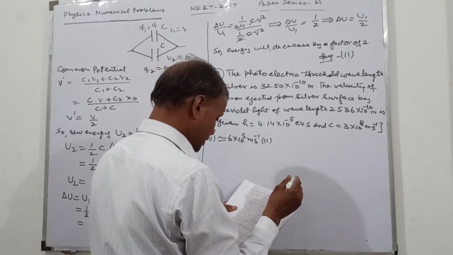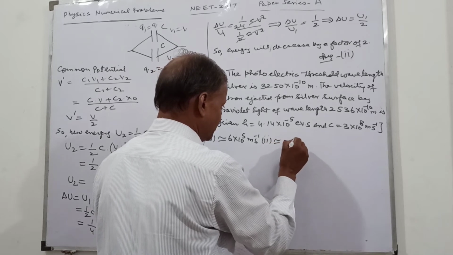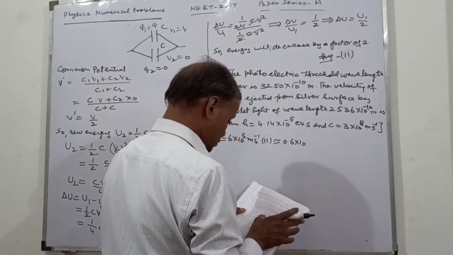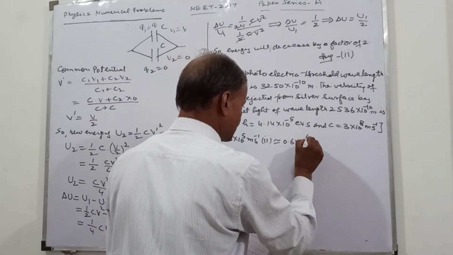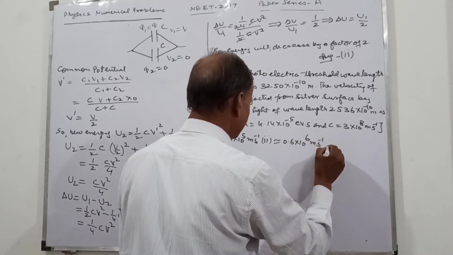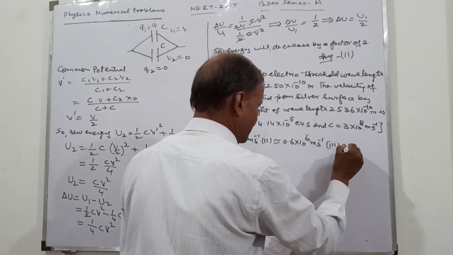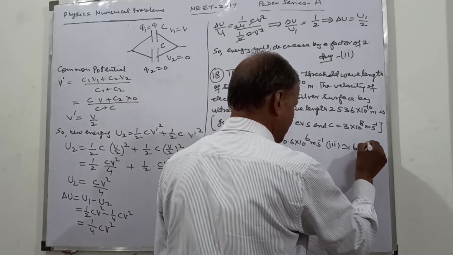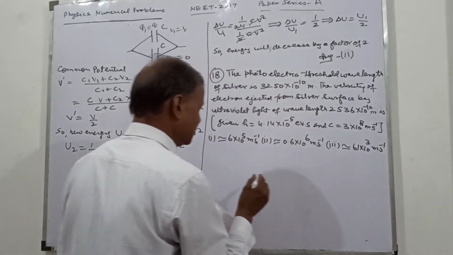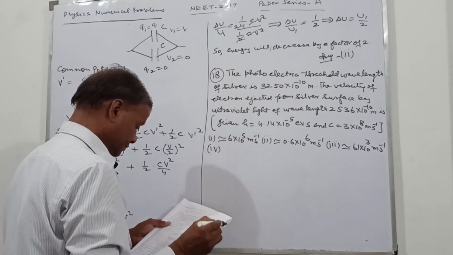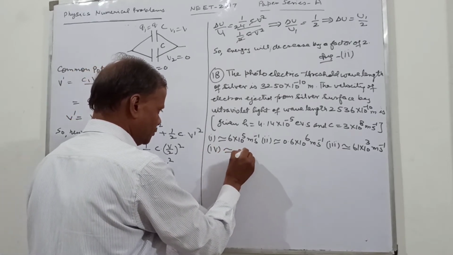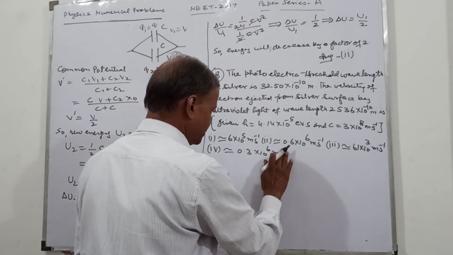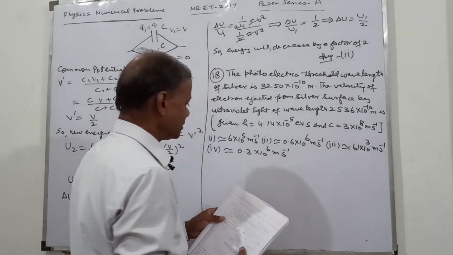Second is approximately 0.6 into 10 raised to the power 6 meter per second. And third is approximately 61 into 10 raised to the power 3 meter per second. And fourth is approximately 0.3 into 10 raised to the power 6 meter per second. These are the options.